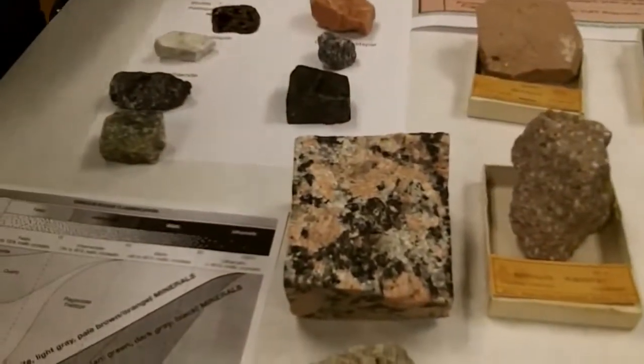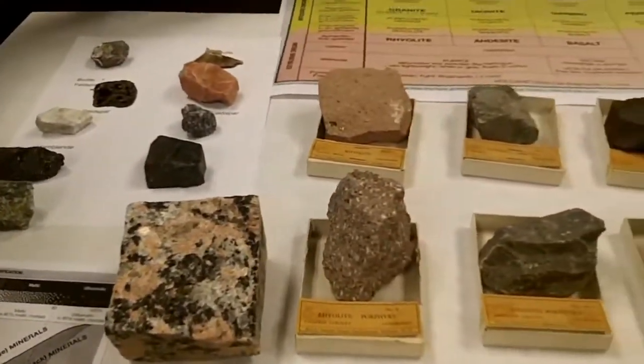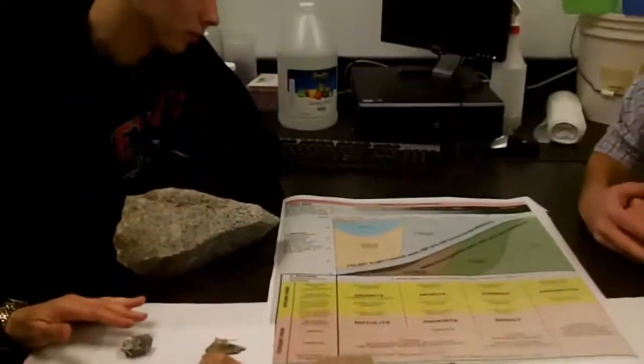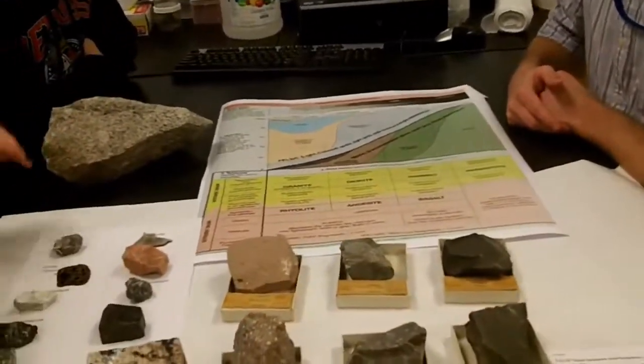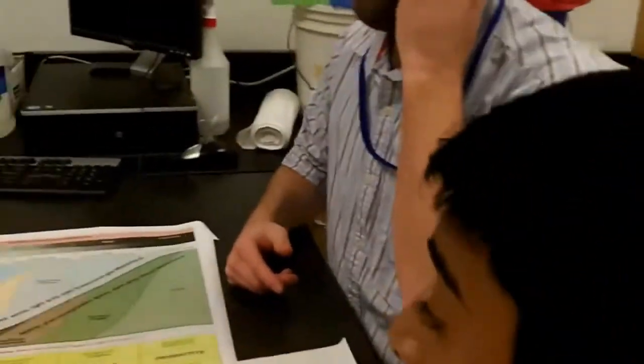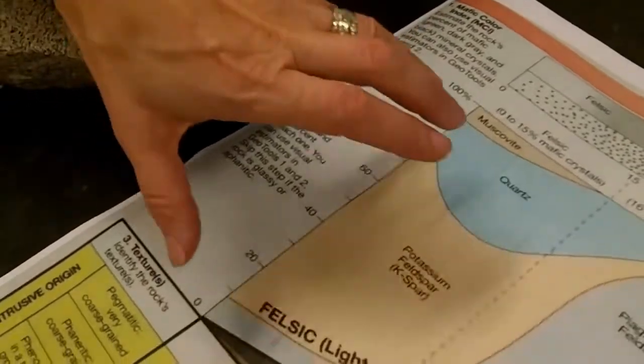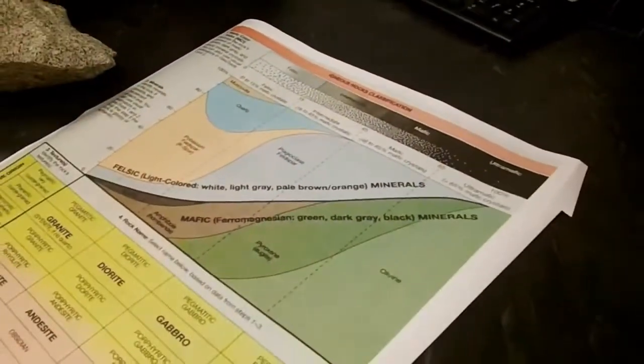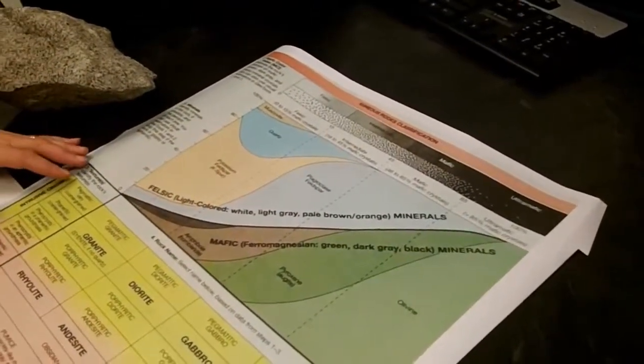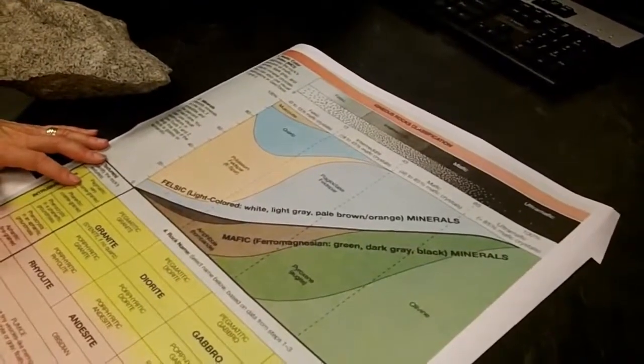And that's when we're going to come to this interesting looking chart up here. So this is just a graph, really, and we have from 0 up to 100% on this y-axis. And going across this way, we're going to be looking at the different minerals that are present, and how much of them is going to be in a rock.